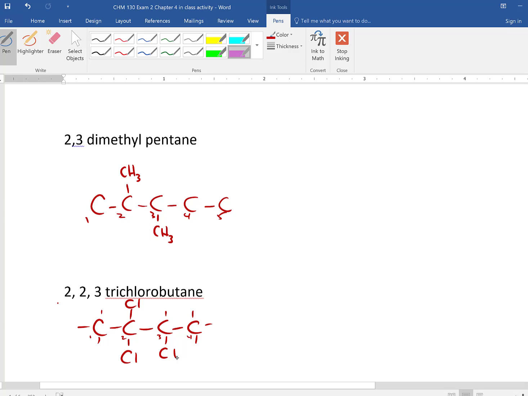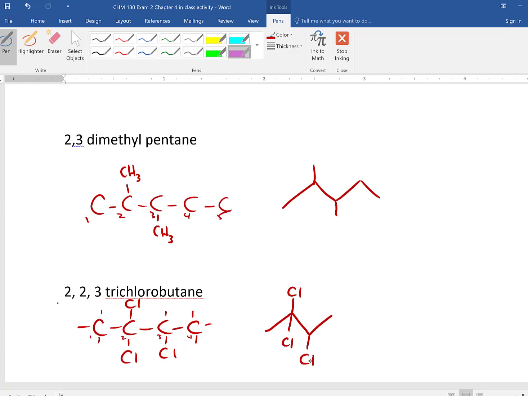It's not like the back and forth type of thing. Looking at this one, 1, 2, 3, 4, 5, the skeletal structure would look like this. It's just sometimes the wording makes it sound difficult. The wording does sound super complicated, and you're like, oh, that's not all that bad.